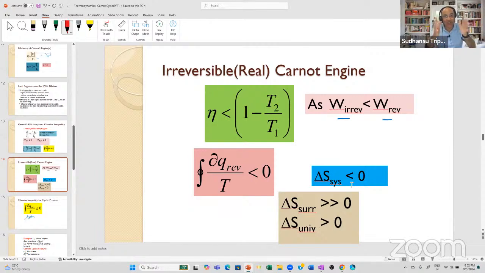So the net decrease of entropy will happen inside the system during the cyclic process. But since the gain in entropy on the sink side is much greater, the net entropy gain in the surrounding will be much, much greater than the net loss of entropy in the system. So if you add these two, the net entropy change of the universe will be positive. So in no way are we going to refute or challenge or oppose the second law of thermodynamics.